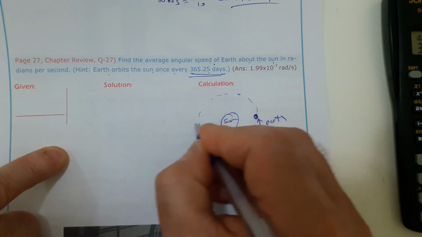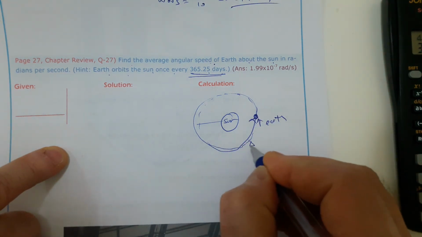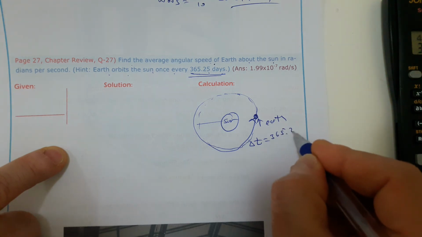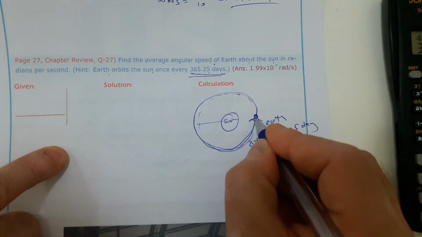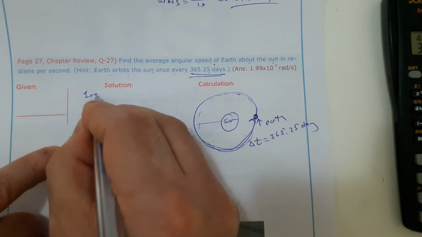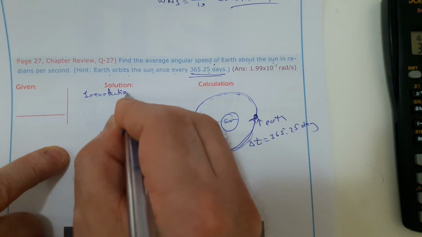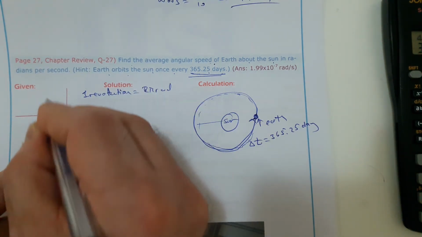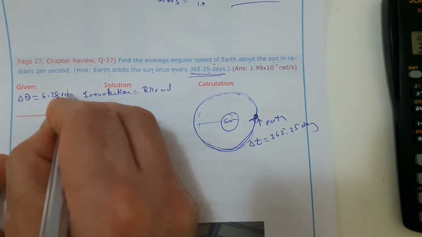So it takes one revolution, delta t, in days, 365.25 days. What is the angular displacement for one revolution? Everybody knows. One revolution, whatever that object is, not important, is always 2 pi radian. So delta theta is 2 pi radian, which is 6.28 radian.